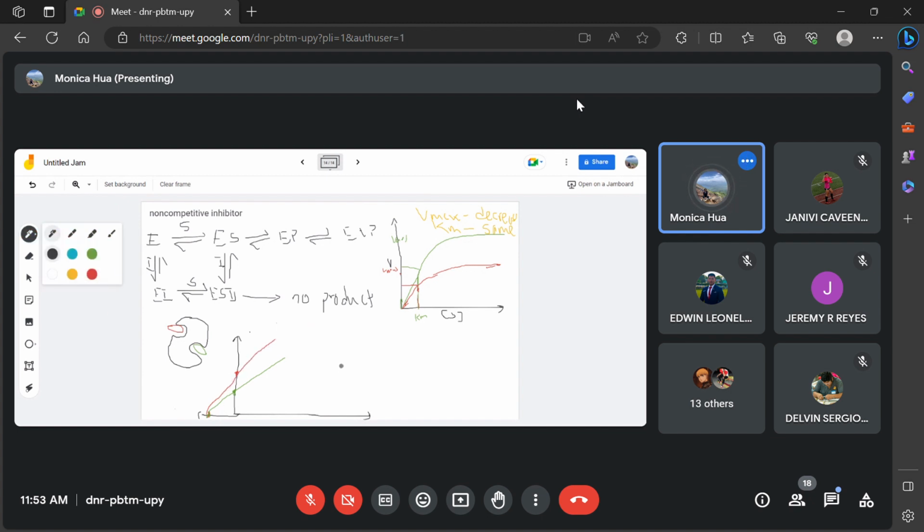And it makes sense. Again, the slope equals Km over Vmax. Km remains the same. The only thing that changes is Vmax, and it's going to decrease. So the slope is going to be a bigger number for the reaction with the inhibitor.